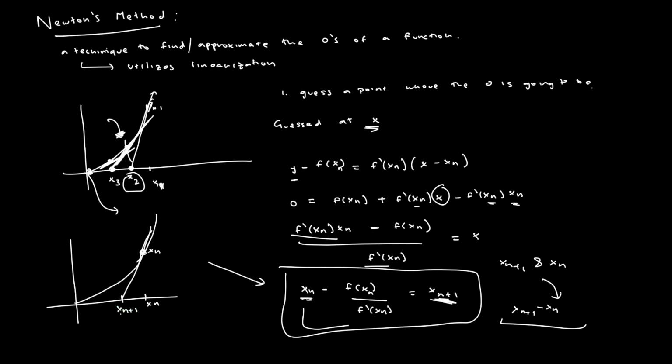And our next step to find x of n plus 2 would be to find the linear approximate of the function centered at x of n plus 1 and solve for where that hits 0. And we'd get some value of x of n plus 2. And you notice how as we're increasing the number of iterations, we're getting closer and closer to the actual 0 point.